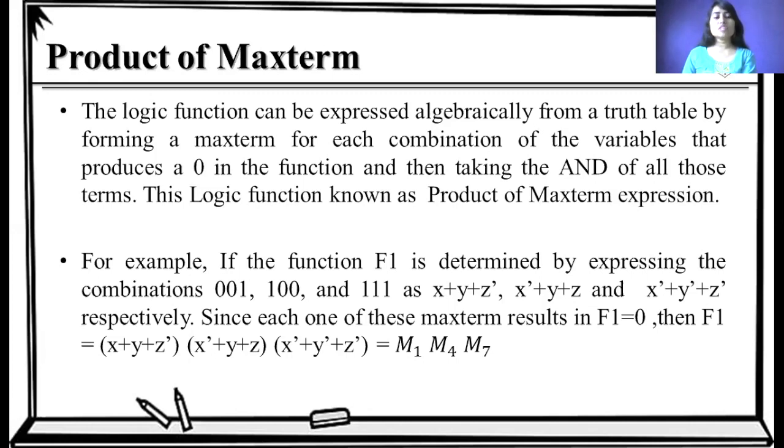Then we have 1, 0, 0, that means max term M4, and 1, 1, 1, max term M7. So this is how we can represent this as M1, M4, M7. It shows the product of these max terms. So this is how we can represent a function in product of max term format.